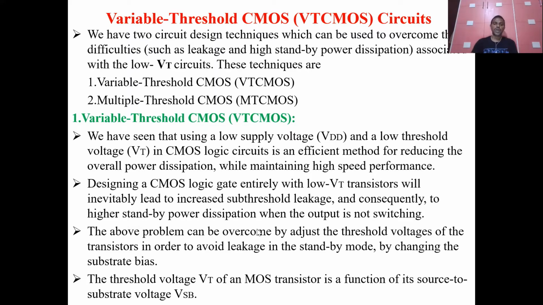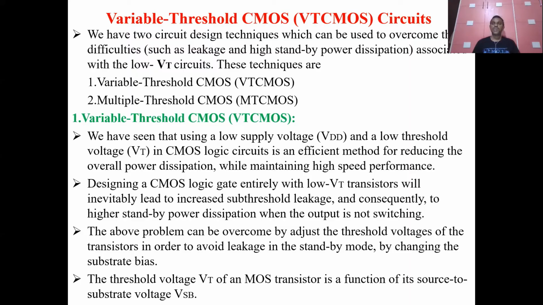The threshold voltage VT of an NMOS transistor is a function of its source to substrate bias, or we can also call it the body to source voltage.